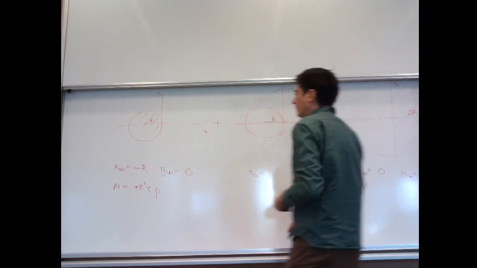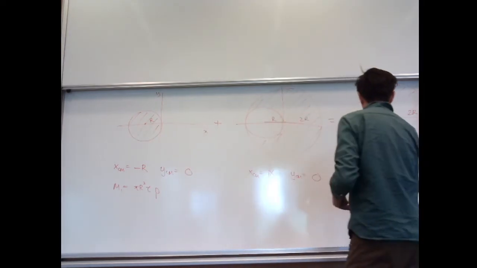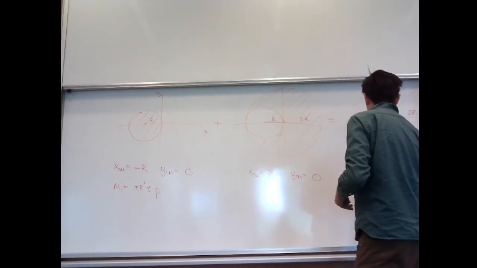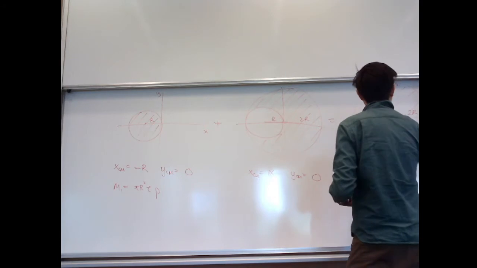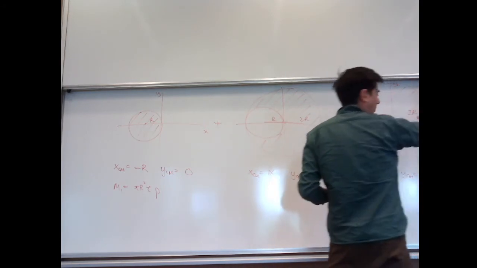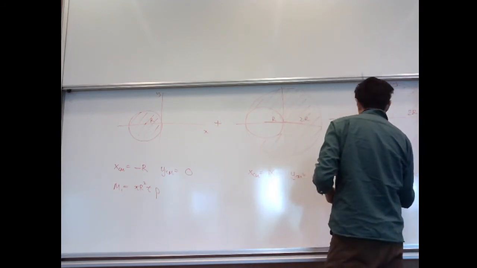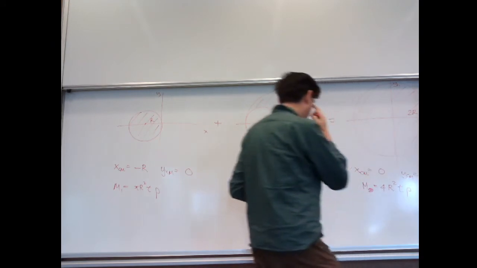This one, maybe I'll call this 1 first. Well, maybe I'll call it 2. So this one is twice as big, so it's pi r squared, or it's 2r, so this one's going to be actually 4 pi r squared t rho, right?